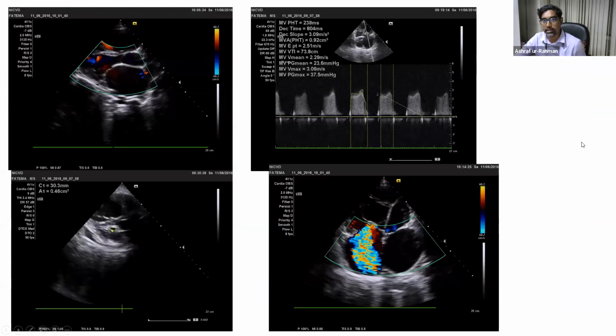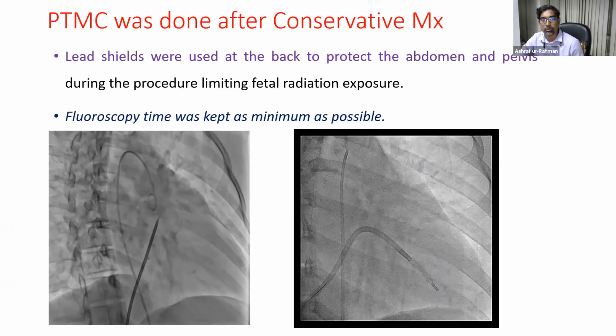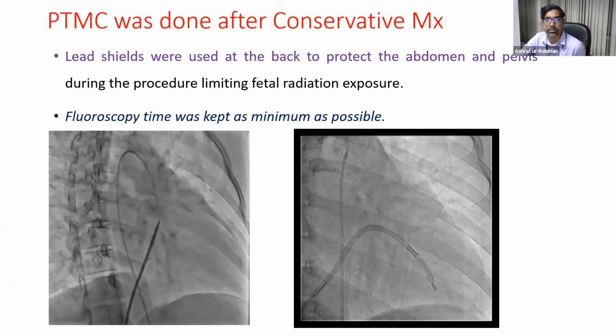We diagnosed her at NICVD with severe MS, with a quite high mean gradient of 23.6, with severe TR, and you can see a very low valve area. It is only 0.46. You can barely see the valve opening. She is a pregnant lady of 4 months approaching her second trimester. So this 18 weeks pregnant lady, we first treated conservatively and stabilized her, and then went for PTMC.